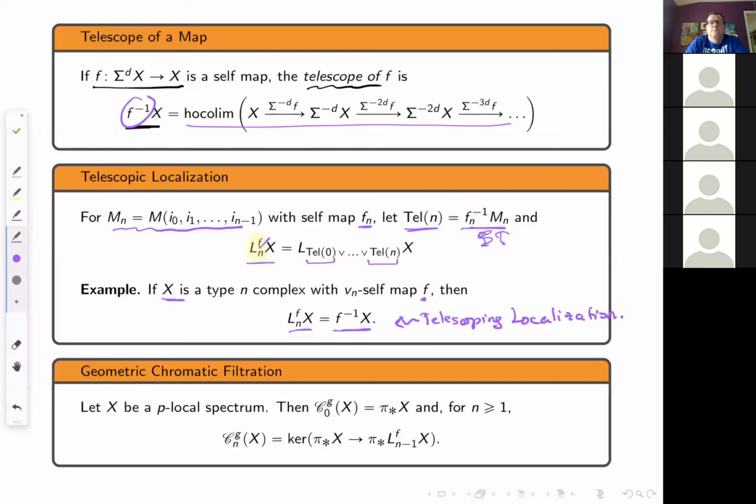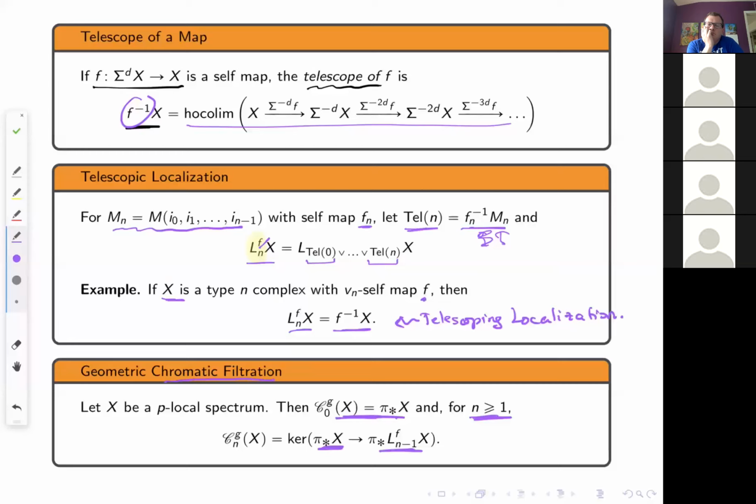If we look at this geometric chromatic filtration that we defined earlier, the zeroth term was everything. For n greater or equal to 1, you can also define the geometric chromatic filtration as the kernel of the map from the homotopy of X to the homotopy of the telescopic localization.